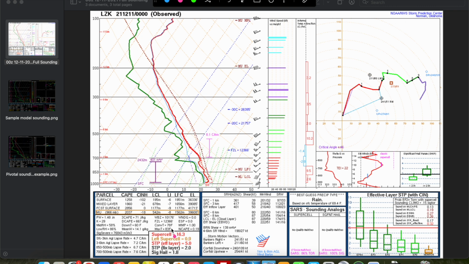And then this last one in this middle section on the SPC soundings. We'll take a look at the middle section here in a second, because there is a different parameter that is given on the model soundings. But this one on the SPC soundings is NCAPE, and this is short for Normalized CAPE.